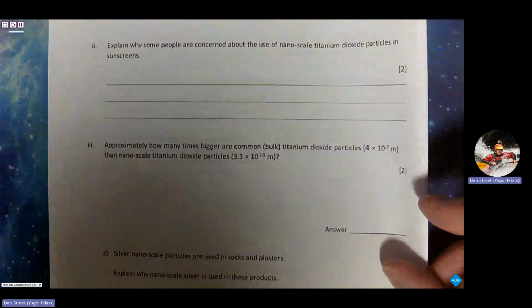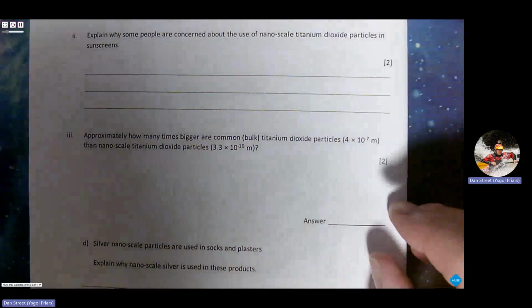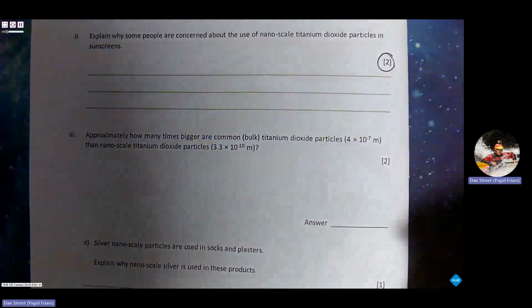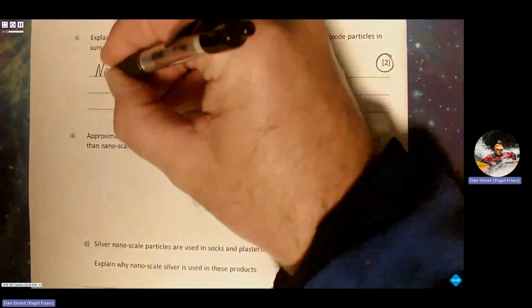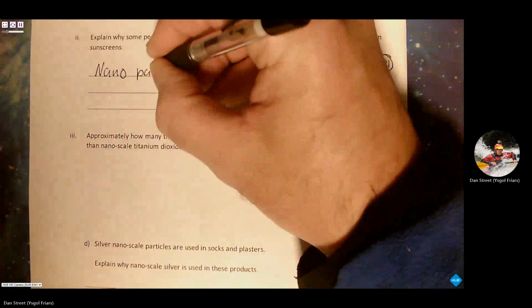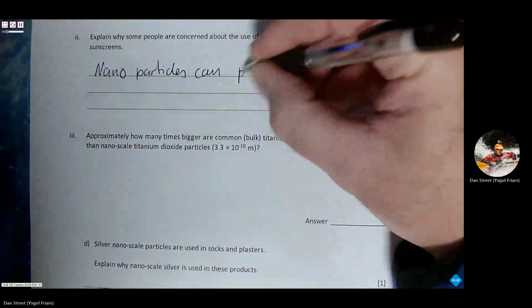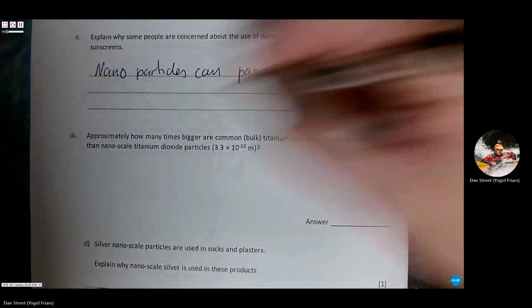The next question asks about the disadvantage. Explain why some people are concerned about the use of nanoscale titanium dioxide particles in sunscreens. We've got 2 marks here, so we need to make 2 points. The first one is that nanoparticles can pass into the blood and we don't know the effects of this.